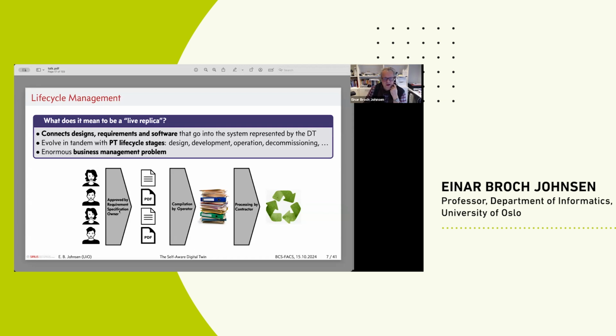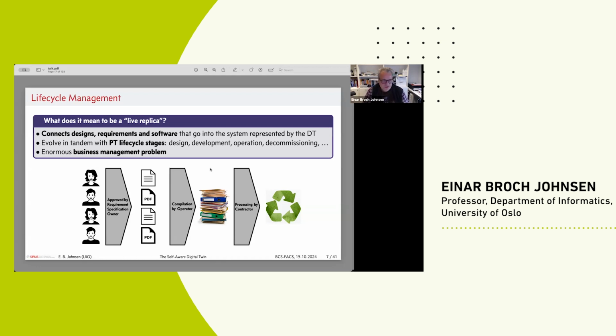We have design time, we have development or construction time, we have operational time, and we even have decommissioning at the end. And we want the digital twin to transition from one stage in the life cycle of this system to the next. So we want the twin to evolve in tandem with this system that is gradually moving from one way of functioning, one way of operating, to the next.